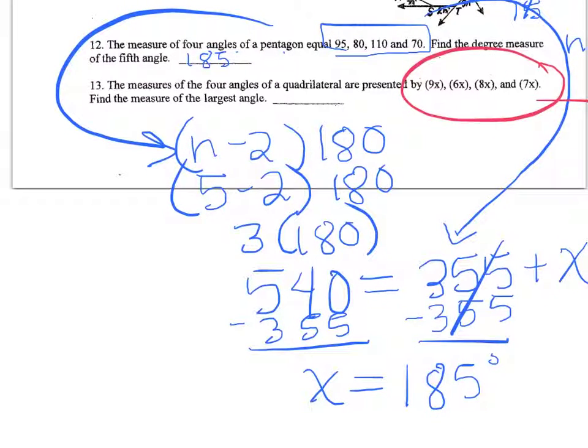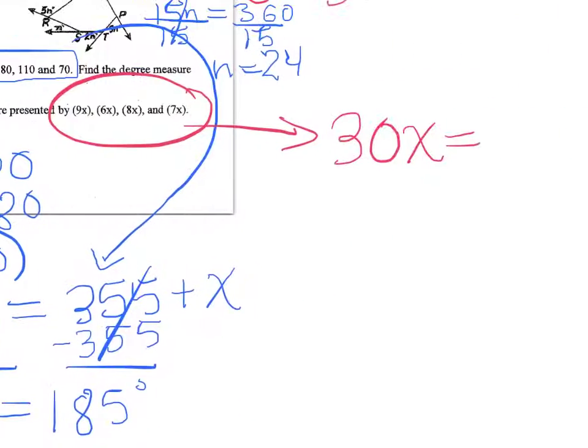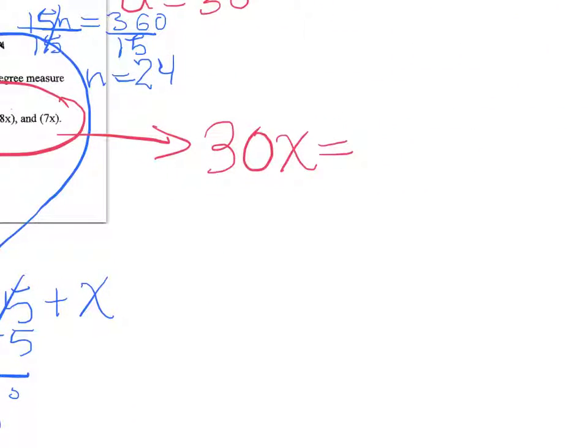And it's a quadrilateral, so if it's inside a quadrilateral, what is the sum? 4 minus 2, 2 times 180, 360. So 30x is supposed to be 360 degrees.